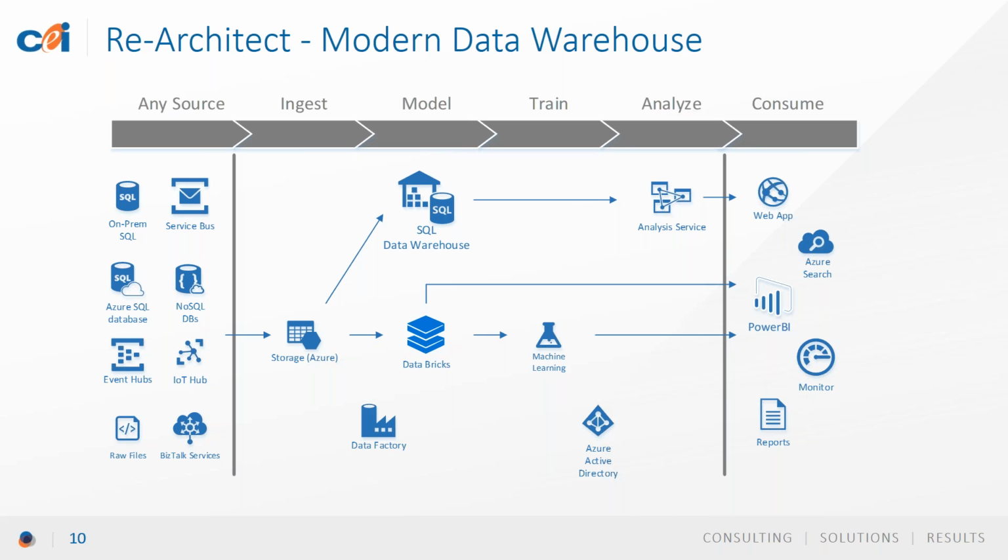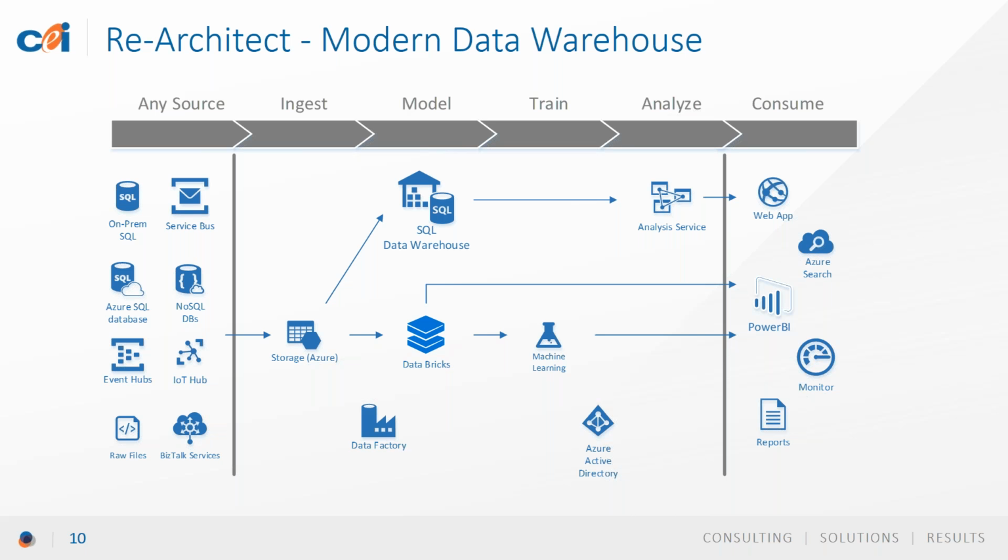And it is an excellent architecture for leveraging some high-end analytics services. So Azure Analysis Services, which is the replacement for on-prem analysis services, and machine learning through Databricks or other advanced analytical workloads, which would run either directly against your Azure SQL Data Warehouse or from a Databricks notebook.